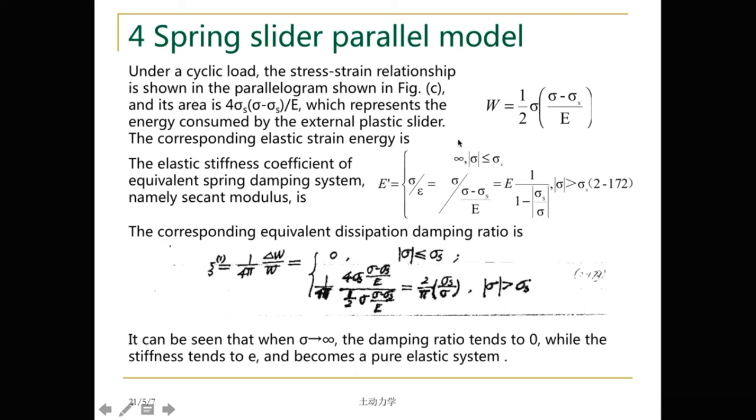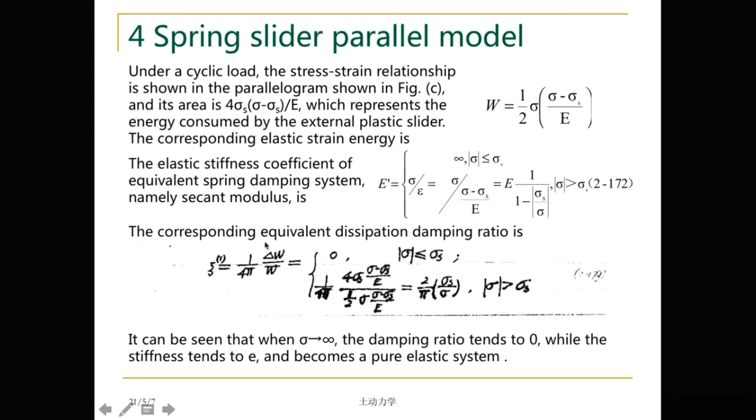But if the load is larger than the strength, then we calculate the stiffness using total stress over total strain. Total stress is sigma, and the strain is sigma minus sigma s over E. Then we can rewrite it as E times 1 over (1 plus 1 minus the absolute value of sigma s over sigma).